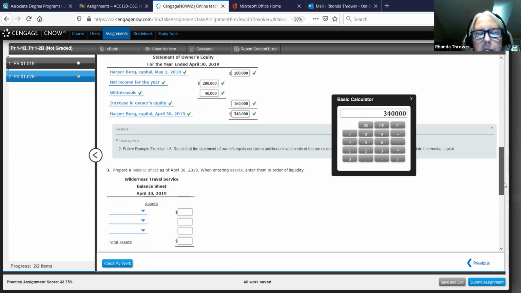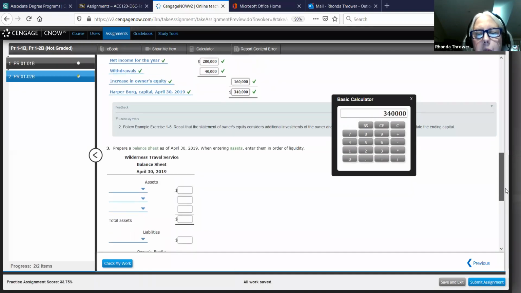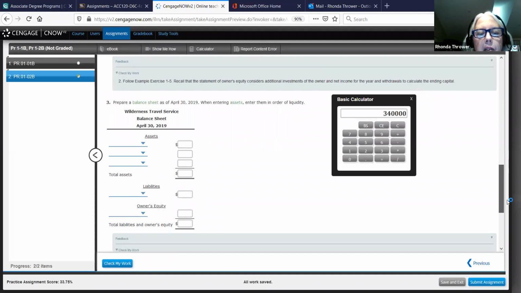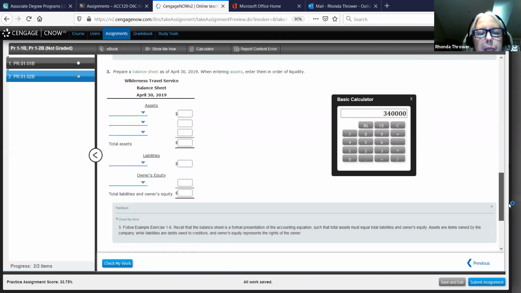The next financial statement that they want us to prepare is the balance sheet. And the balance sheet is just a restatement of the accounting equation. The balance sheet is a list of all the assets, liabilities, and owner's equity as of the last day of the accounting period.